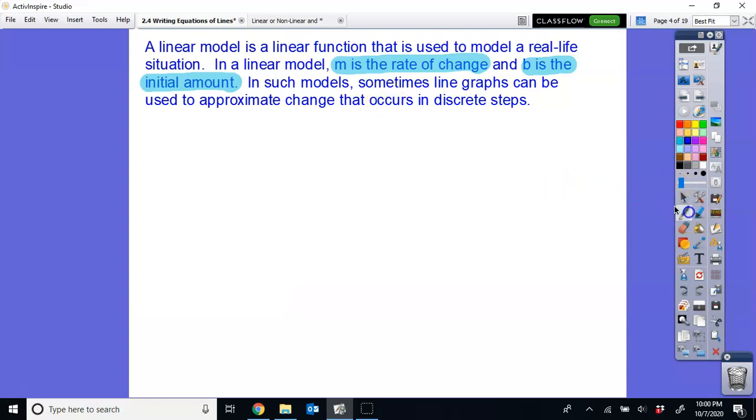And so what we have is things in life that begin at a certain number and move up and down by a constant rate of change. That is what a linear equation is made from. That is the whole y equals mx plus b concept. You have a beginning amount, and you have something that is multiplying by x every time, and so it is changing at a constant rate, up or down.